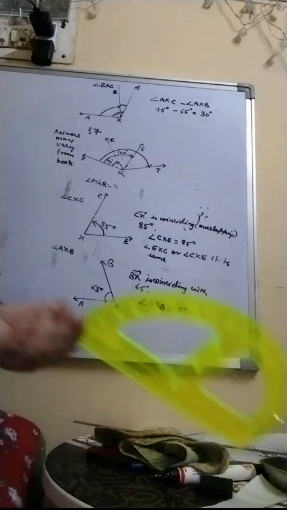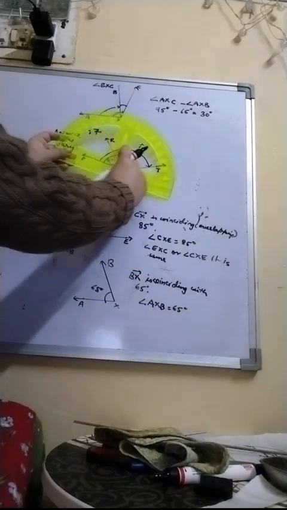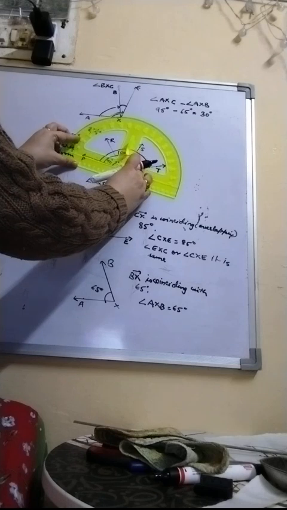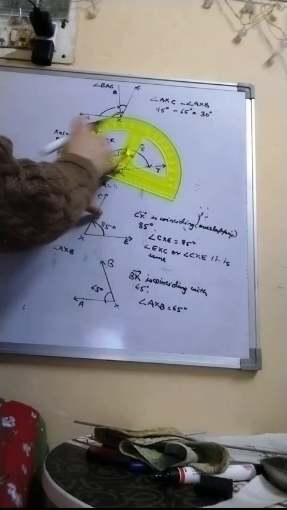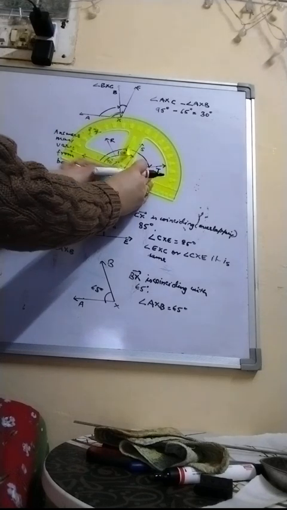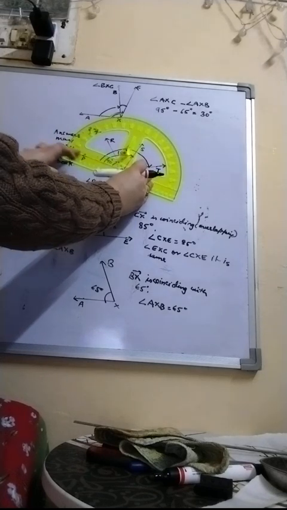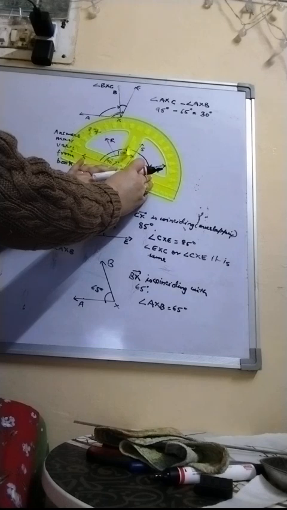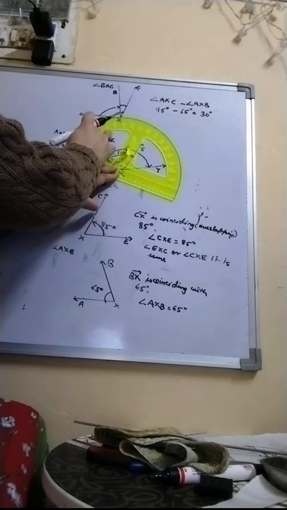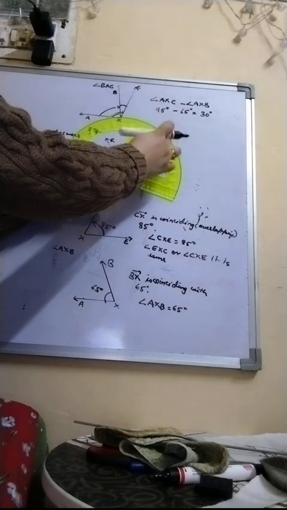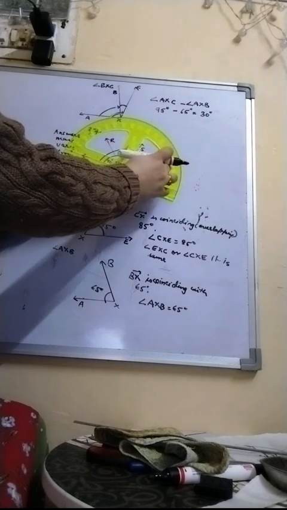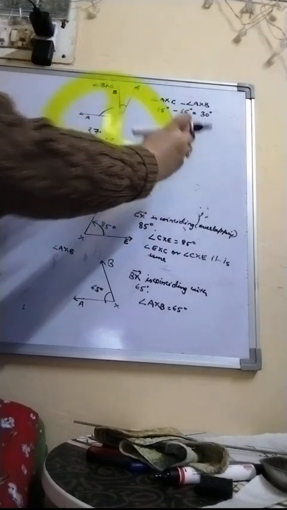How would we measure? Again, we put the vertex at Q, align PQ with 0 and start reading from 0. Align PQ with the protractor line and start reading 10, 20, 30, 40, 50, 60, 70, 80, 90, 100, 110, 120, 130, 140 and 150.